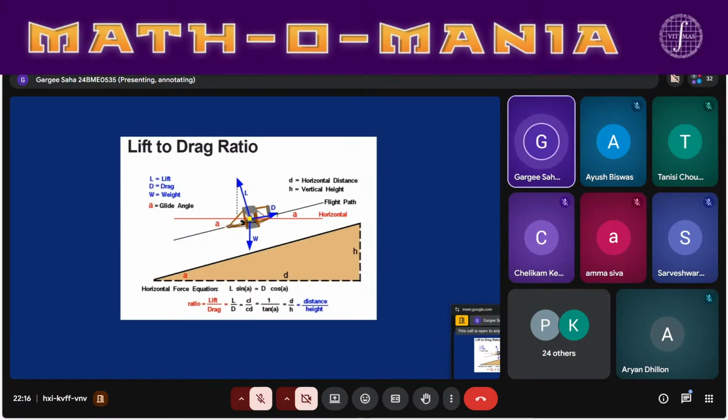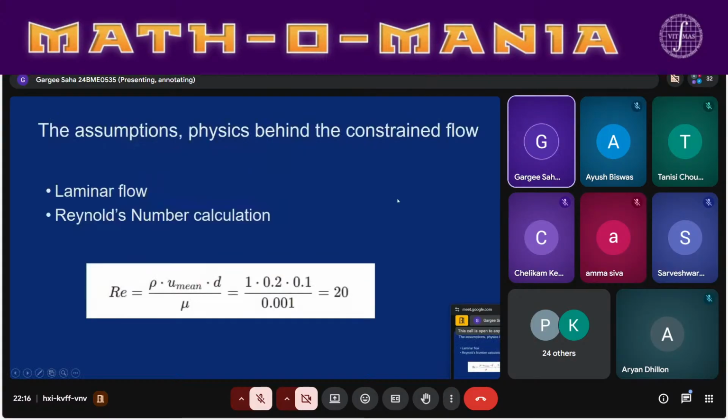After we learn about lift and drag, let us also learn a little bit more about Reynolds number and laminar flow. So, Reynolds number, as Tanisi has already said, is inertial force versus viscous force, where inertial force is represented by the density of the fluid, that's rho, u mean, which is the flow velocity, and d here is the characteristic dimension.